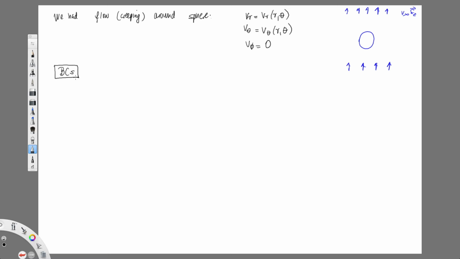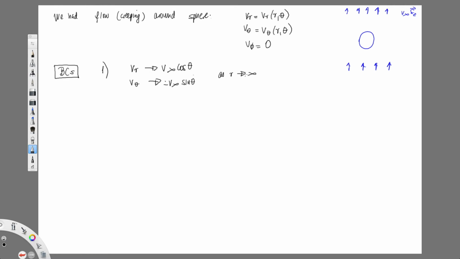So the boundary condition far away from the sphere, that means r is tending to infinity, my velocity field is V infinity e_z. We had to translate that to the spherical coordinate system, and once we did, we got the first boundary condition: Vr tends to V infinity cosine theta, V theta tends to minus V infinity sine theta, as r tends to infinity.